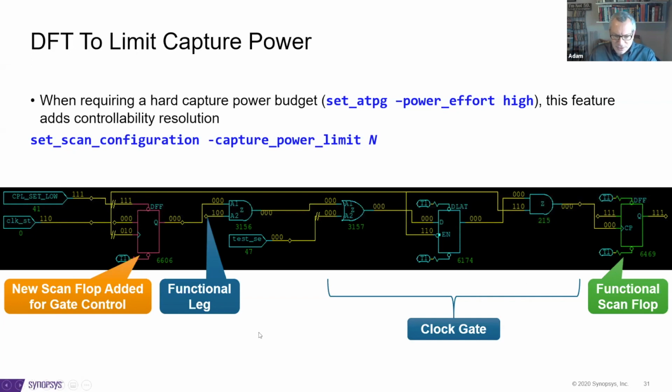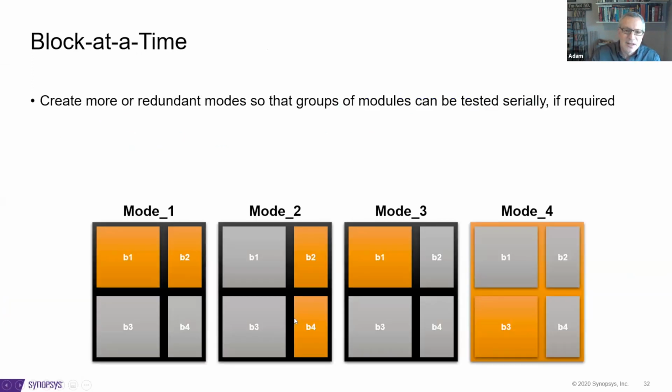This also is supported for other situations, for example, when wrapping is used. If a block is not used during the pattern generation phase for multiple blocks at a time, you can turn off the entire block by some DFT only clock gating.